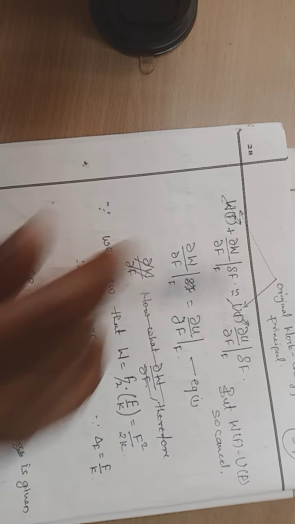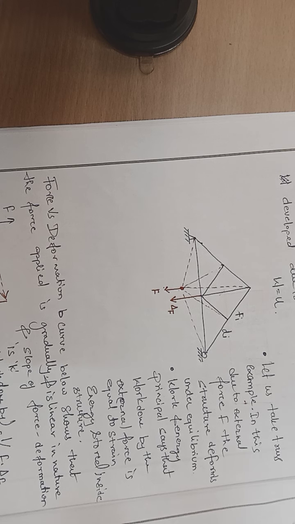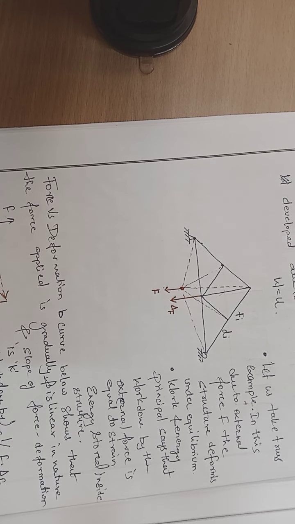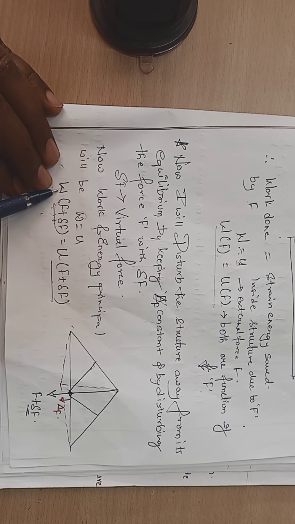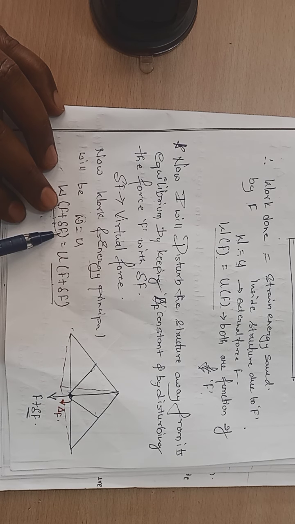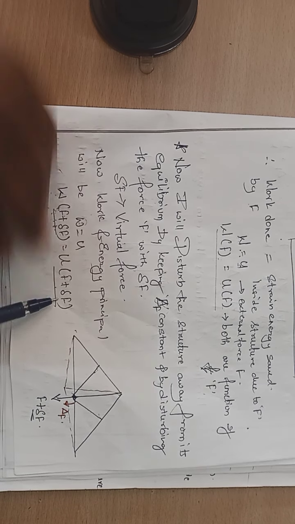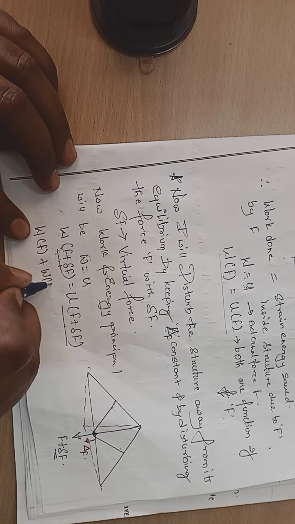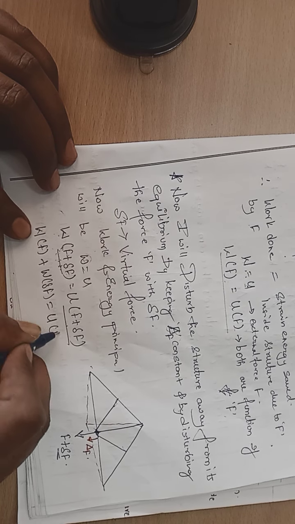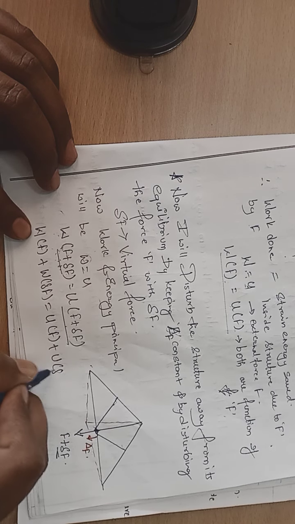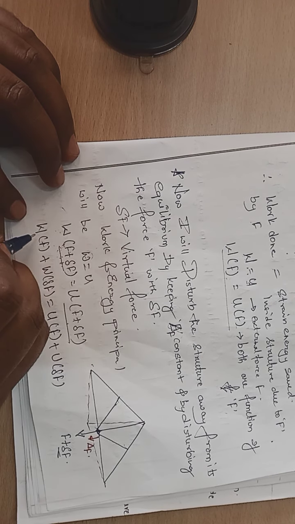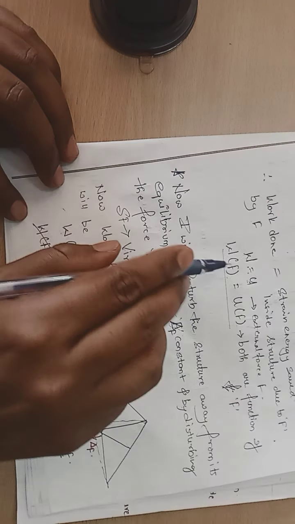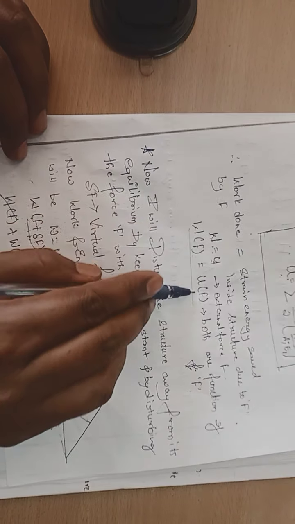If you take these terms differently, W of F plus del F becomes W of F plus W of del F. Similarly, U of F plus U of del F. So W of F plus W of del F is equal to U of F plus U of del F. Now these two are equal, because we know that W of F and U of F are both the same. So this is equal to this, and both can be cancelled here.